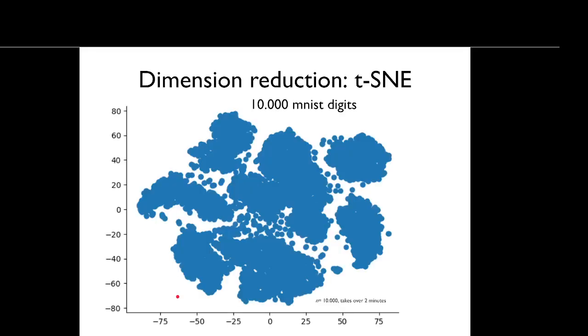And this is what t-SNE looks like on the MNIST data. However, we didn't consider 70,000 because 10,000 took already over 2 minutes, and we have quadratic growth rather than linear growth, so I didn't even try 70,000. So what you can see is clearly nice clusters, 1, 2, 3, 4, 5, 6, 7.